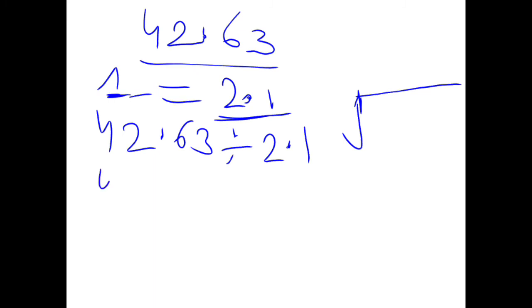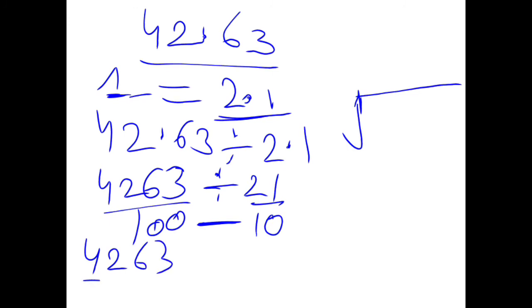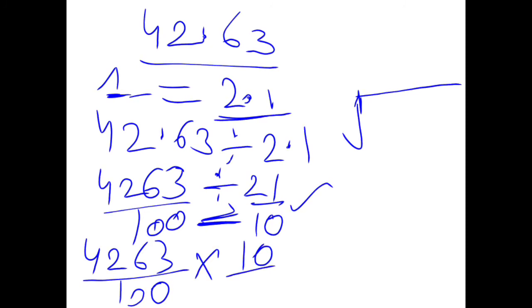Another way: 4263, and in the divisor portion we write 100, and the division stays as it is, and this becomes 21 upon 10. Now you can apply the fraction rule also. So this becomes 4263 divided by 100, and this division symbol becomes multiplication, and take the reciprocal of this, 10 upon 21.